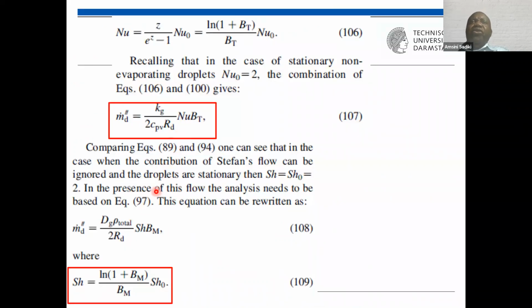If we compare both, we obtain a relationship between the Sherwood number, which we can call the effective Sherwood number, and the Sherwood number in the stationary case, where we don't have Stefan flow. So this effective Sherwood number is equal to this, multiplied by the Sherwood number when the Stefan flow does not exist.